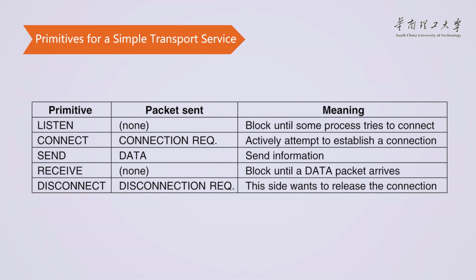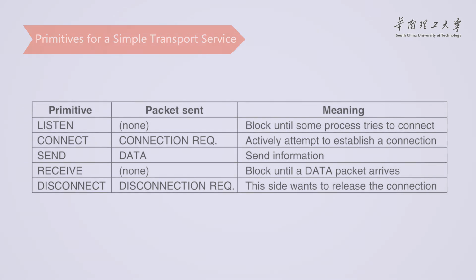A connect primitive actively attempts to establish a connection. A send primitive is used to send information. A receive primitive blocks the process until a data packet arrives. A disconnect primitive means this side wants to release the connection.